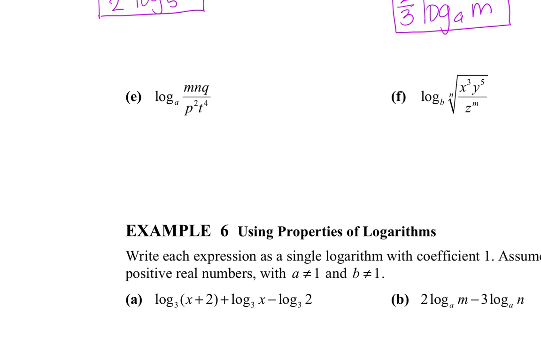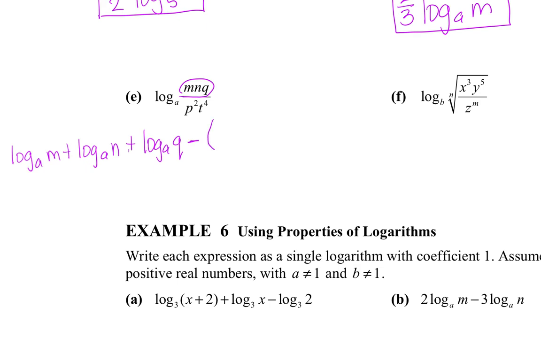Now here you've got multiplication and division and powers all in one. So what we're going to do is rewrite the numerator first. That's all multiplication, so this is going to be log base a of m plus log base a of n plus log base a of q.